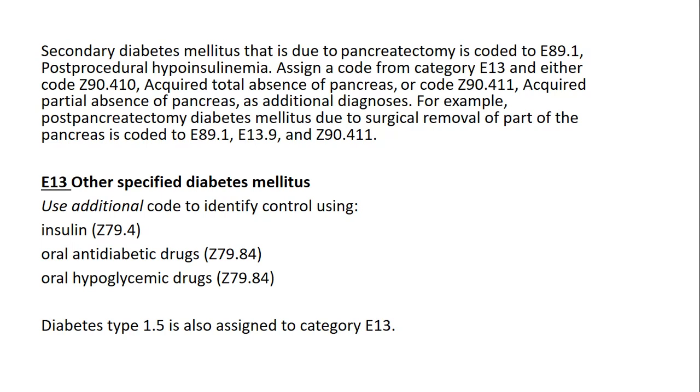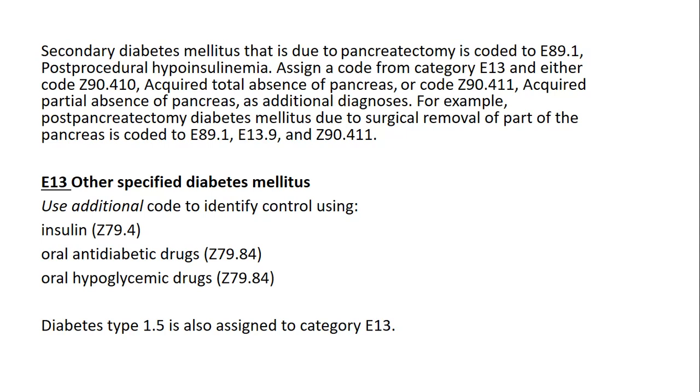So if secondary diabetes happens due to pancreatectomy and removal of the pancreas, partial or total, you have to use the category E13 series for secondary diabetes. For example, pancreatectomy diabetes mellitus due to surgical removal of part of the pancreas is coded as E89.1 first, followed by the E13 series for secondary diabetes, and the final code will be Z90.411 for the absence of part of the pancreas.